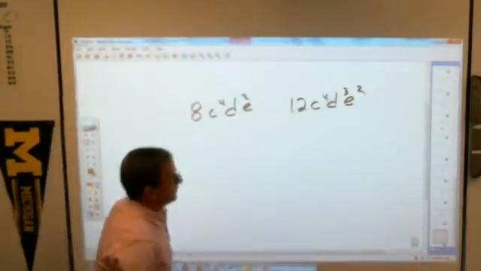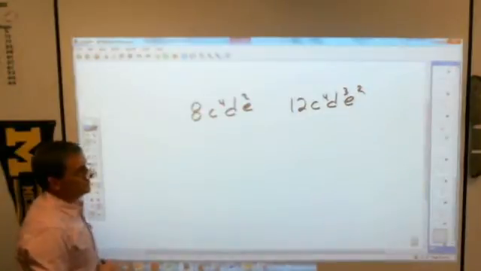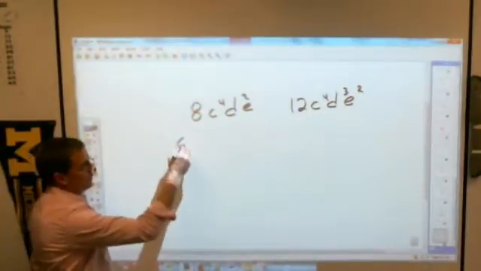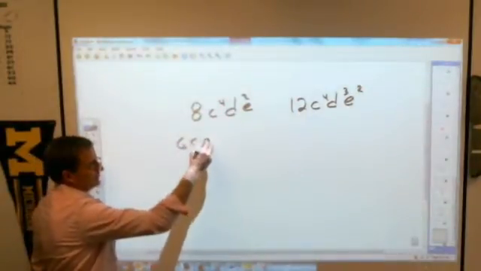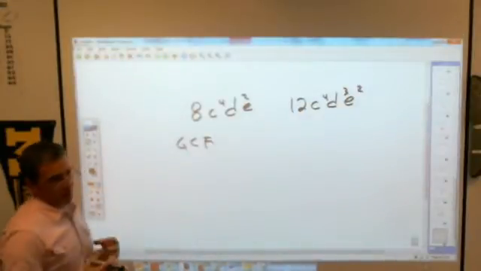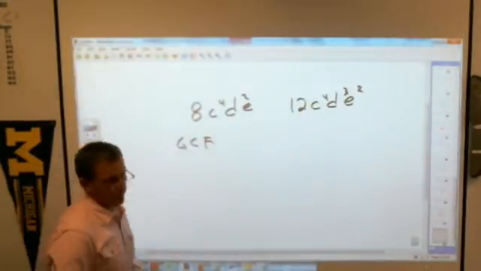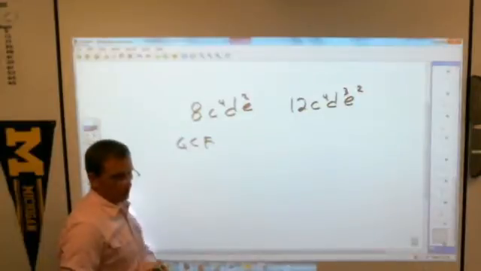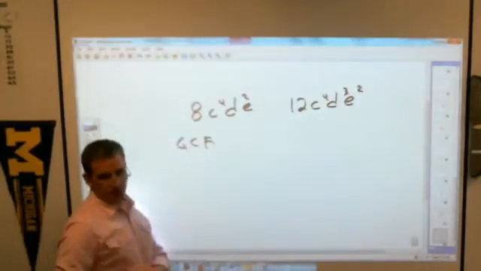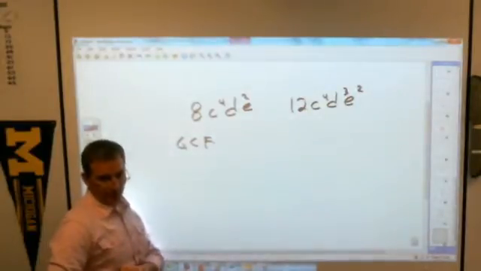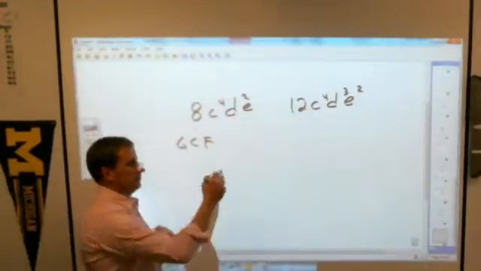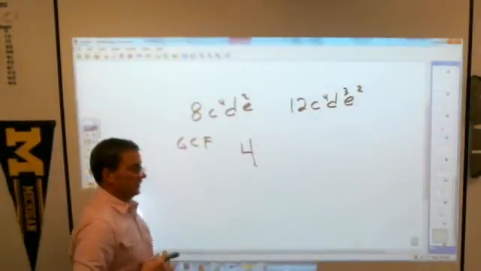So your greatest common factor, unless you don't understand this, you don't really have to prime factorize. You can just look at this and go, as far as numbers, 8 and 12, what's the greatest common factor of 8 and 12? 4. 4 is the biggest number that goes into both of those.